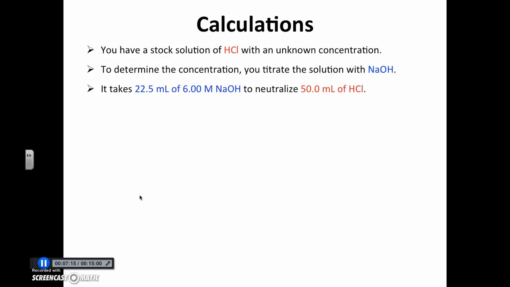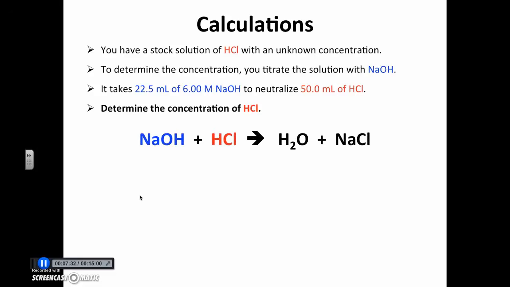It takes 22.5 mL of a 6 molar sodium hydroxide to neutralize 50 mL of hydrochloric acid. Determine the concentration of HCl. This is the kind of problem that you should know how to do, and it's actually fairly straightforward. So first, let's go back to our balanced chemical equation.